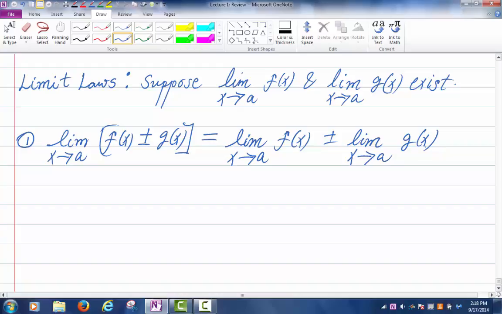Notice that there are situations where, let me give you an example here very quickly. If I look at the limit, let's say x going to 0 of 1 over x minus 1 over x.